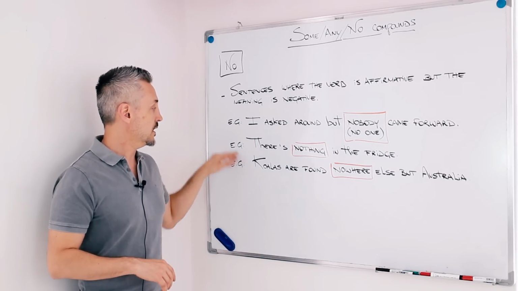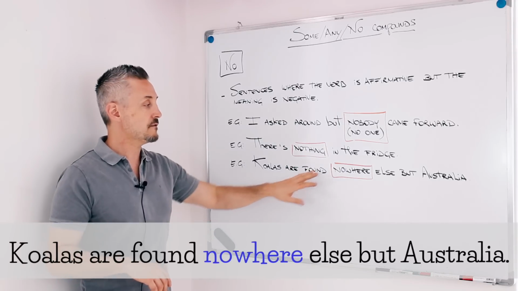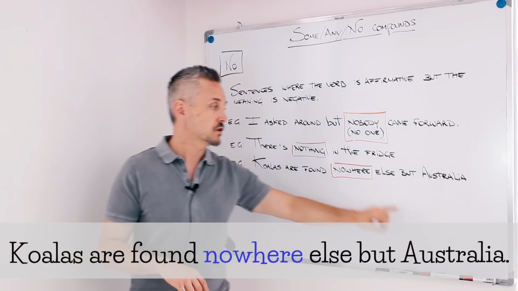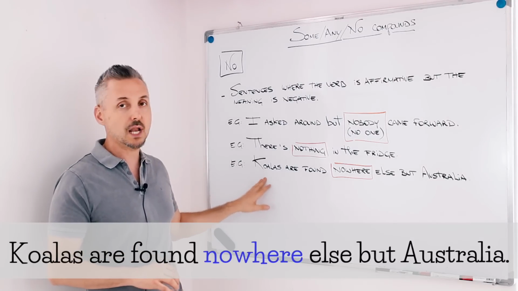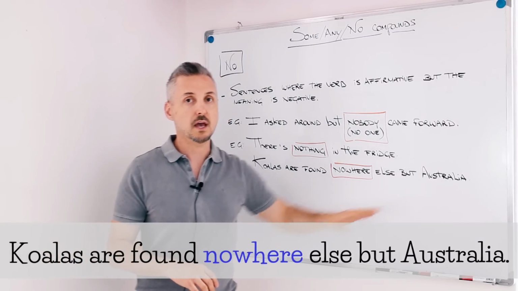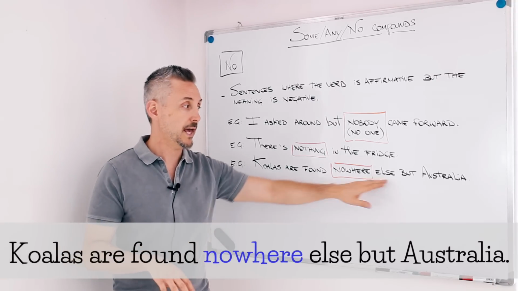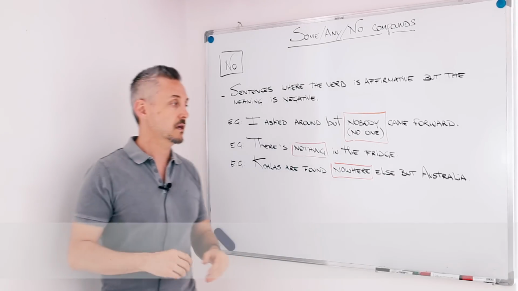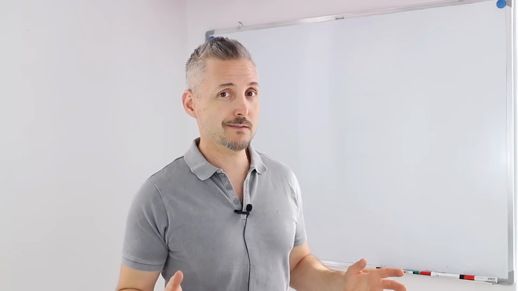The other example that I wrote is: koalas are found nowhere else but Australia. So you can only find koalas in Australia and nowhere else. Only Australia, nowhere. So now let's recap.